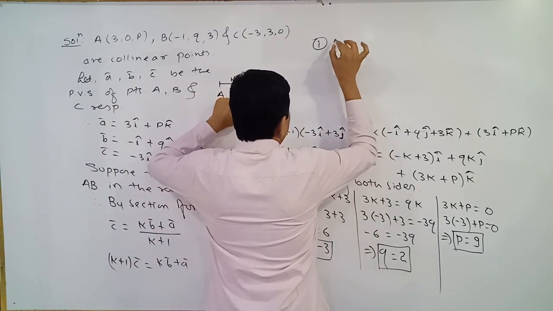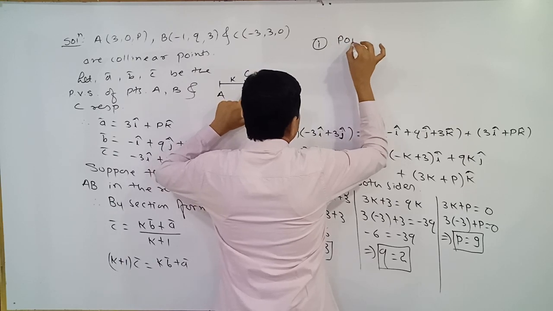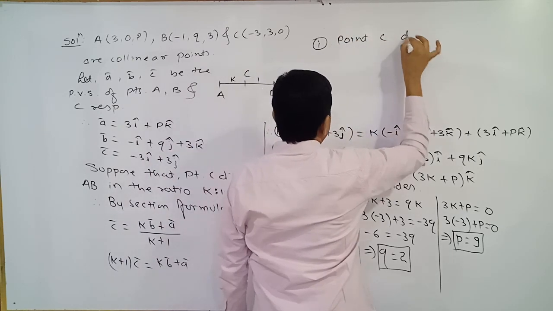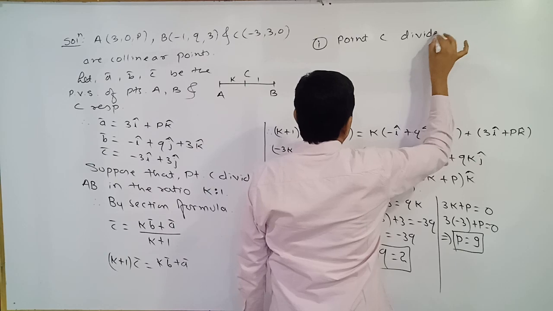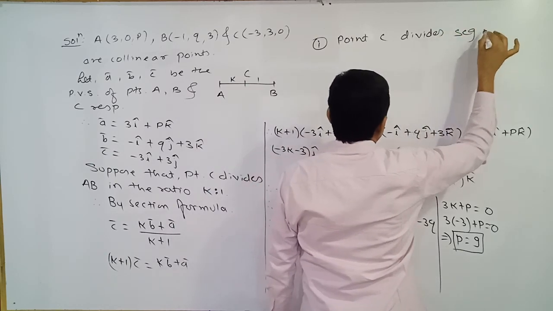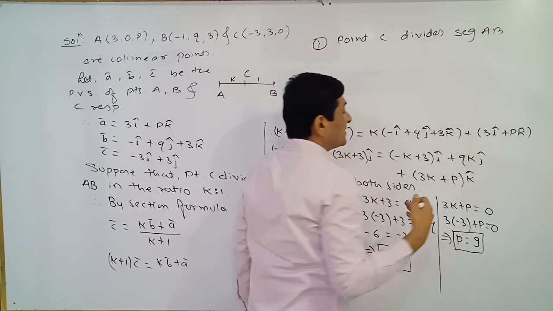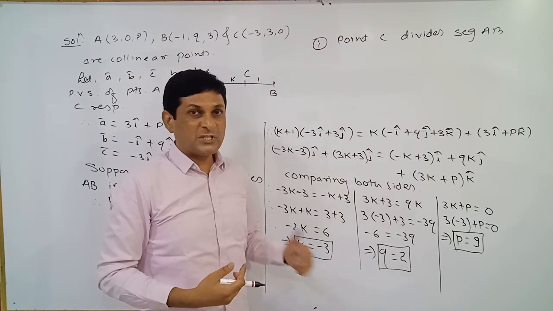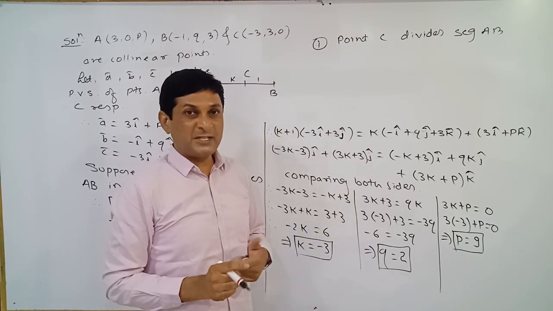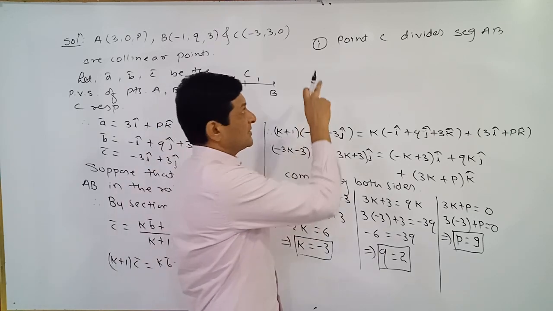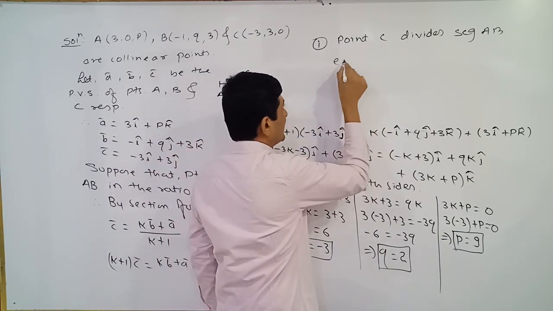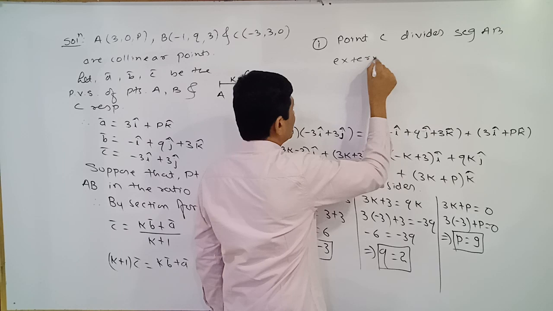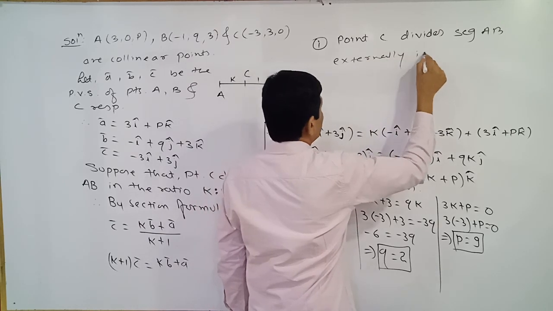Therefore we can say that point C divides segment AB. Now internally or externally? By applying internal division, since the ratio is negative, means definitely the division is not internal, means the division is external. So C divides segment AB externally in the ratio.